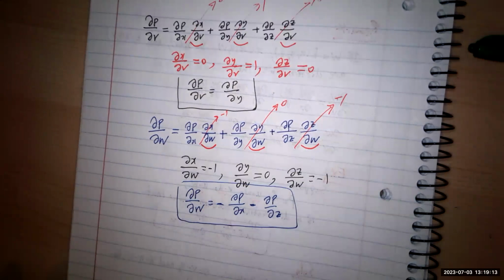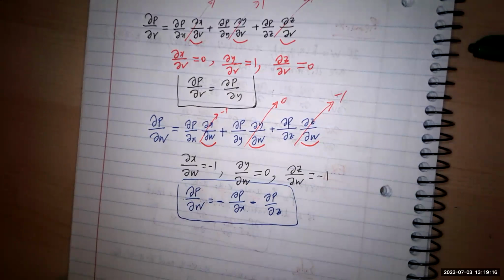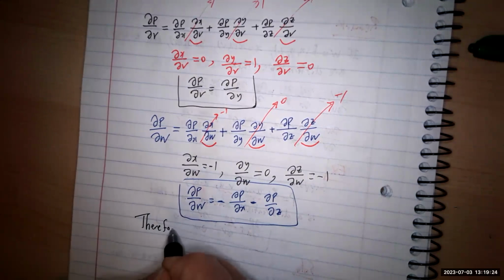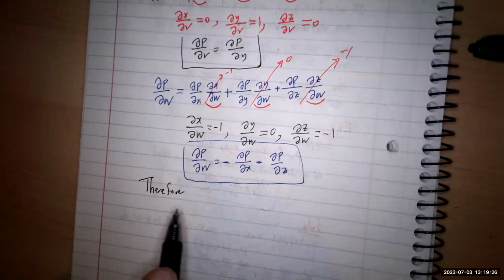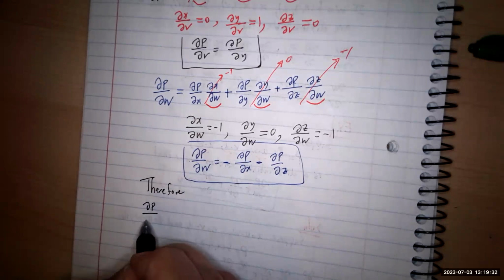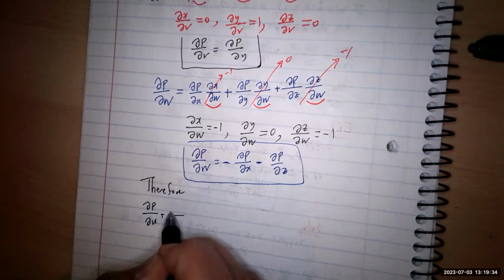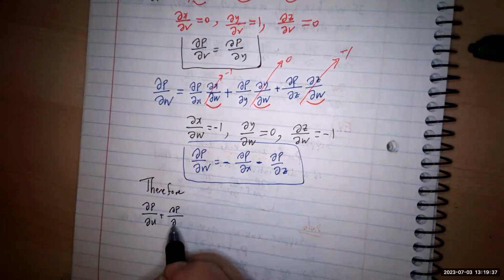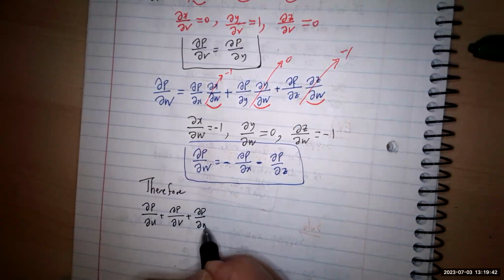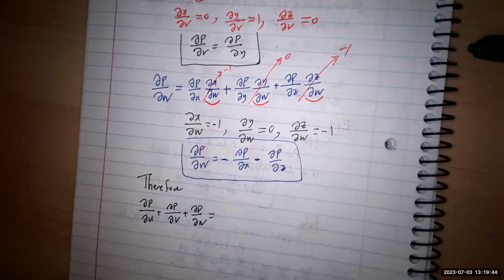Now add all these three together, the result must be 0. Okay, let's do it. Therefore, that's it. So you are interested in what? Interested in ∂P/∂U, ∂P/∂V, plus ∂P/∂W. Add them together to see that this is 0.